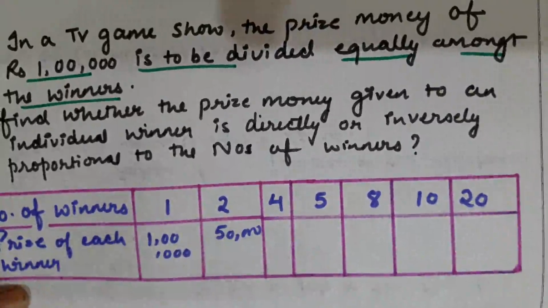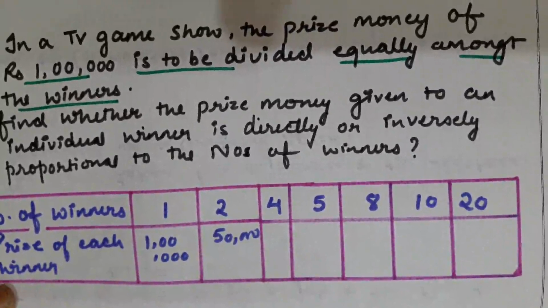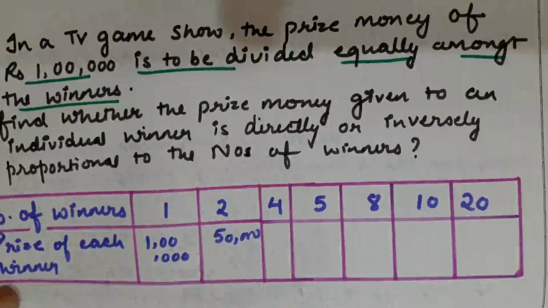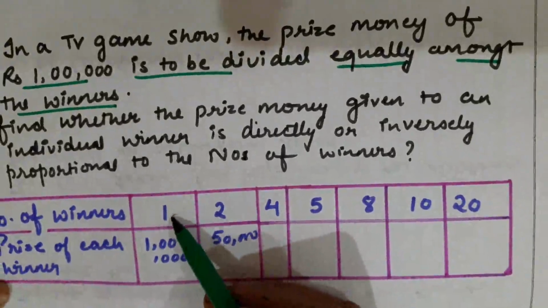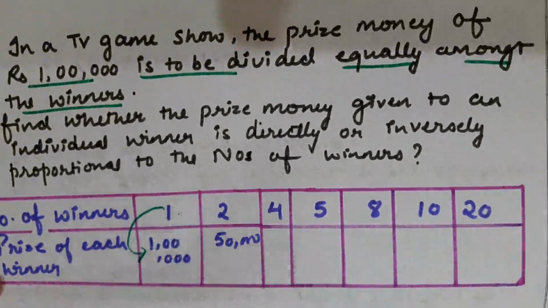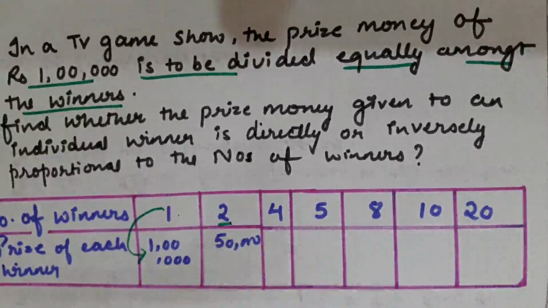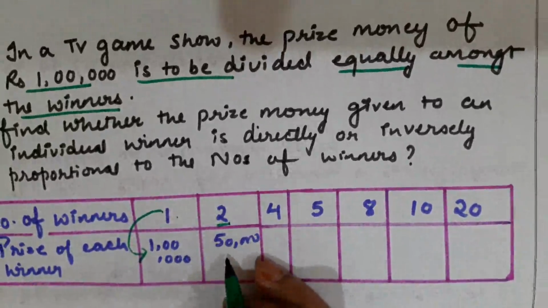See, 1 lakh prize money has to be divided among the winners. If one winner is there, the whole 1 lakh rupees is given to that winner only. If 2 winners are there, the prize is divided in half, 50,000 each.